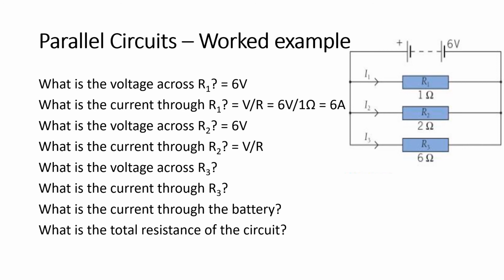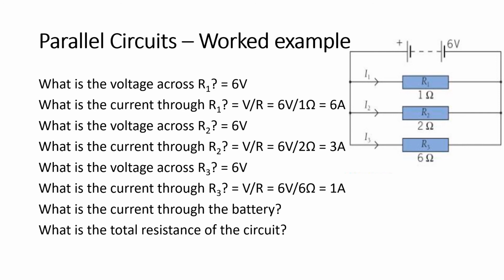The voltage across it again is 6 volts, and the current can be calculated using voltage divided by resistance. 6 volts divided by 2 ohms this time, giving us 3 amps. R3 again has 6 volts, and we can work out the current in the same way. This time it's 6 volts divided by 6 ohms, and we get 1 amp.